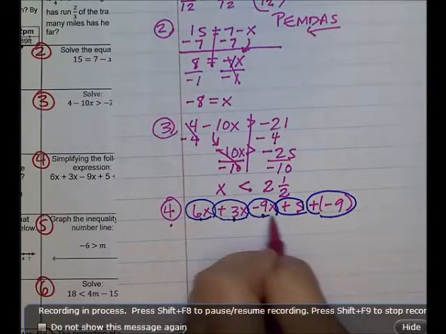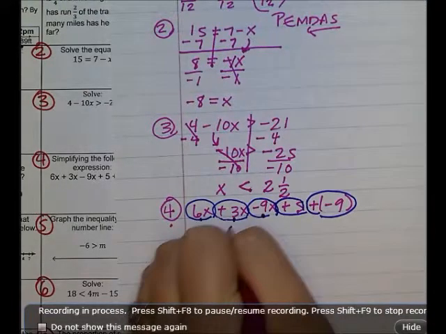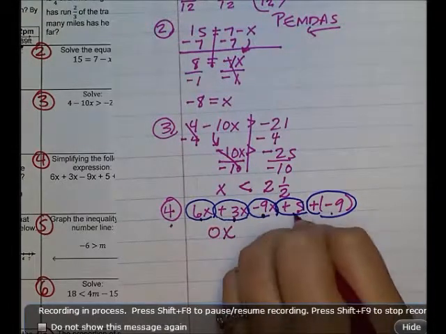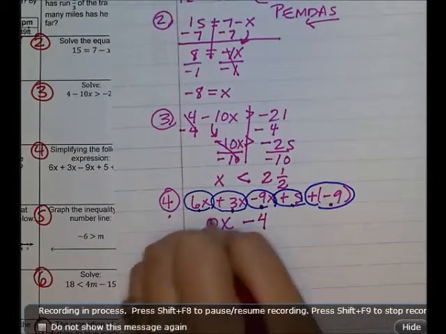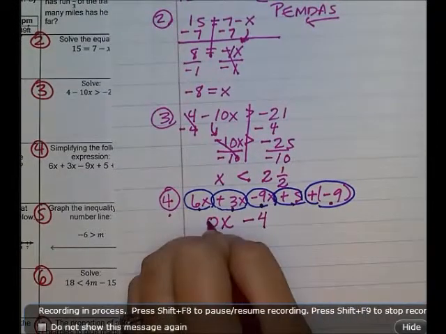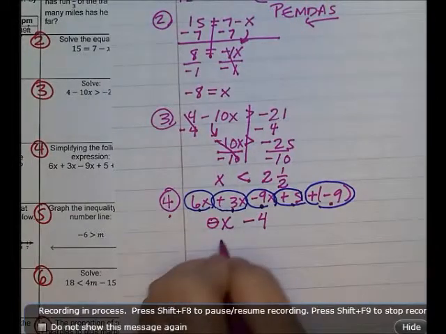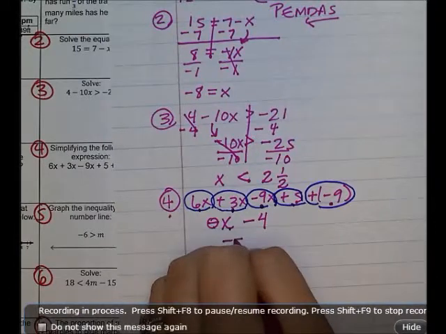And then there are no other x's present, so our answer for that would be 0x. Now our constants, which are our purple circles, so it's plus 5 minus 9, that would give us negative 4. So we're going to simplify this even further. This is a 0, so if you want to put a line in between it, that's fine, to recognize it's a 0. 0 times x is just 0, so the only thing left in this expression is negative 4.